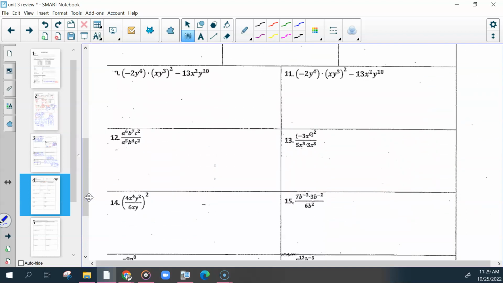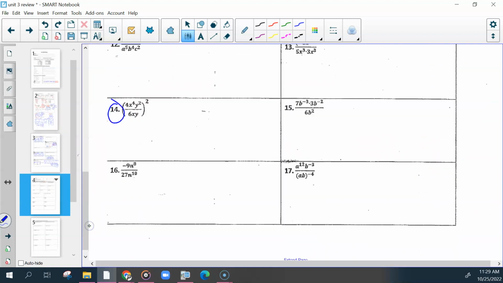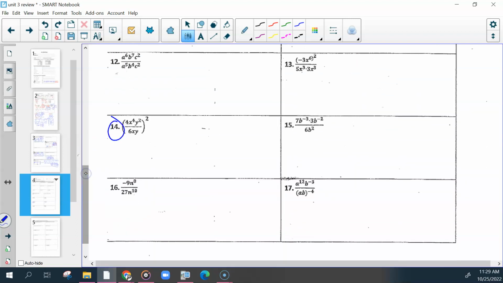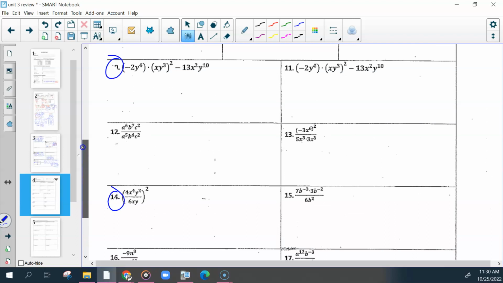This 14. Hannah. 10 on this page. Any others? Victoria? This one?